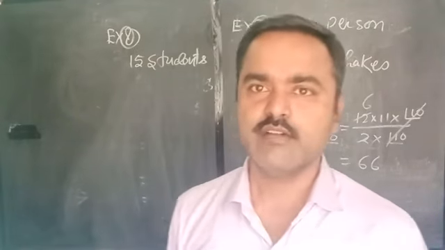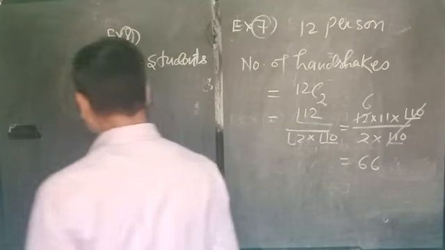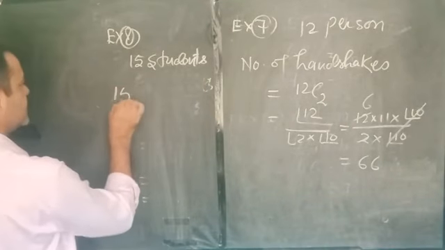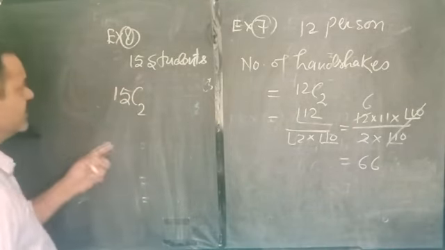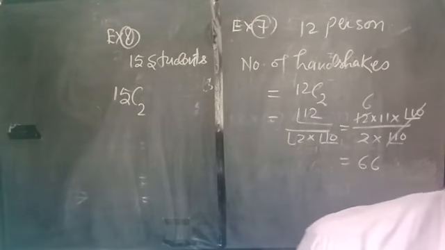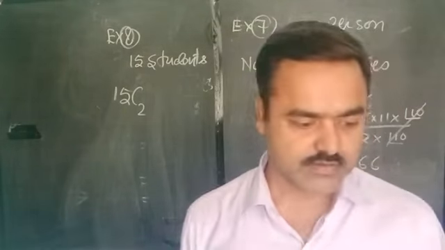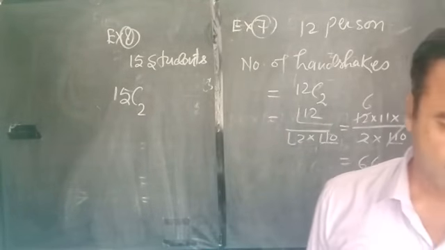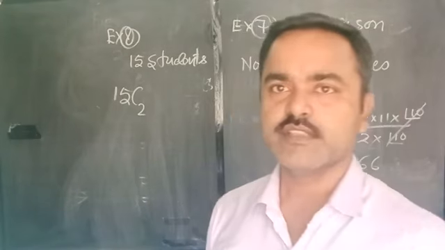Find the number of handshakes. You know the total number of handshakes that can be made is 15C2, but the condition is given that neighbors never shake hands with each other.